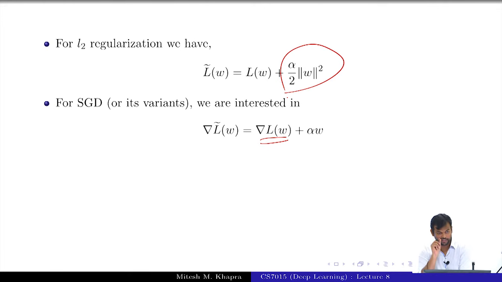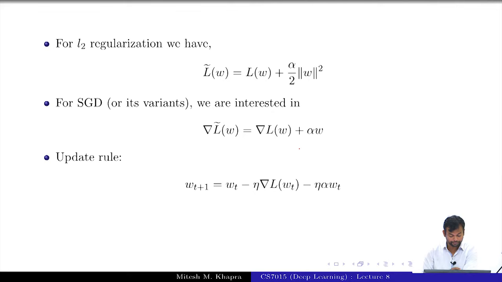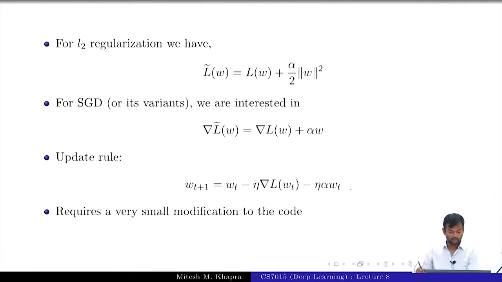All you need to do is change it at one place, add this to your update rule. That's all you need. You can think of the vector form of this, where you have a vector of parameters. You can think of the matrix form of this, where you have a matrix of parameters. All you need to do is add one term to your update rule. So it can be done with a very minimalistic change. And this would be your update rule, okay?